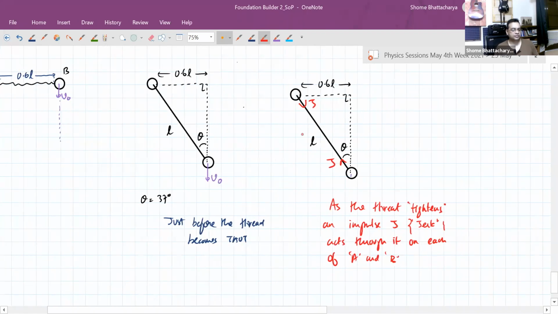All this is happening in a very short duration of time, from this diagram to this diagram to the next one. So all this is happening pretty fast.